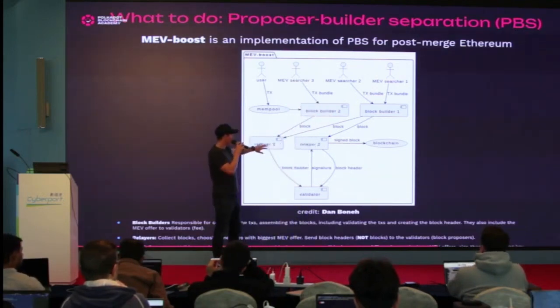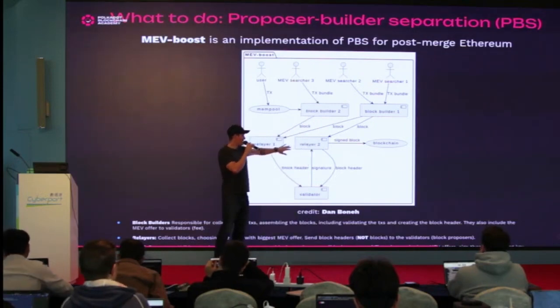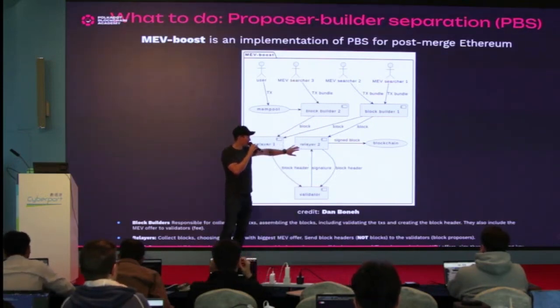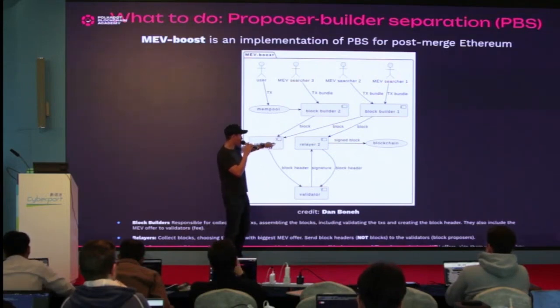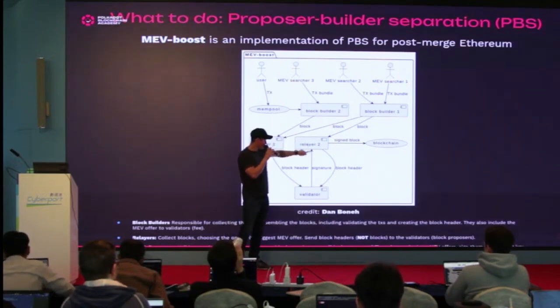And they send them to entities called relayers. Relayers, in turn, talk to validators, or the block producers.